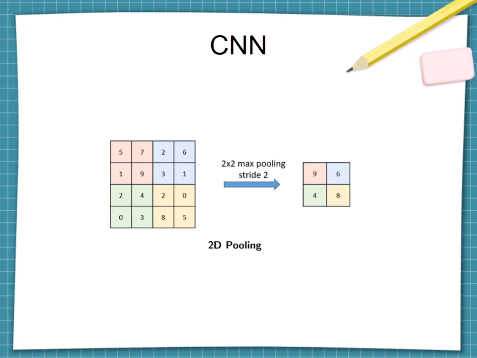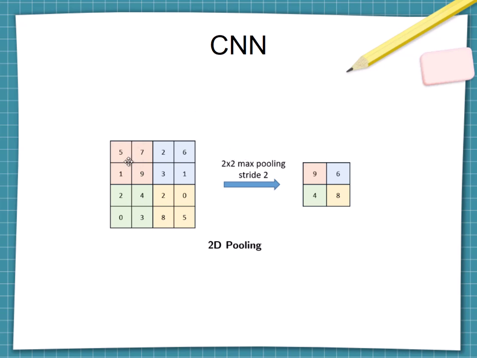Okay, now here is something we call pooling. It's a technique to get some value quickly. Here we can see a portion in pink in the input, and what we are doing here is max pooling.